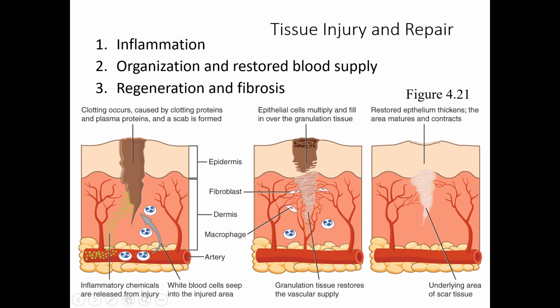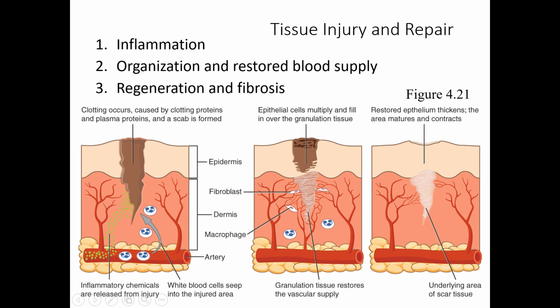That is our skin and different layers of the skin. Second stage would be called organization and restored blood supply. It takes some time, usually days. Scab will be sitting on the surface, but deep inside of the skin, those two sides of the wound will be right now connected with help of granulation tissue, mostly made of fibers, and also blood vessels are growing inside there.